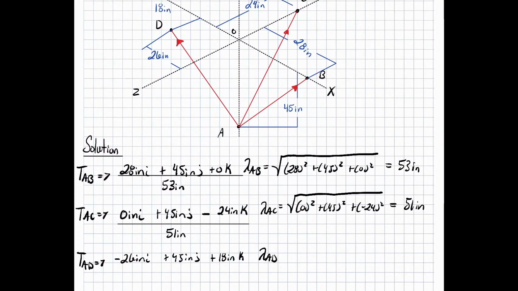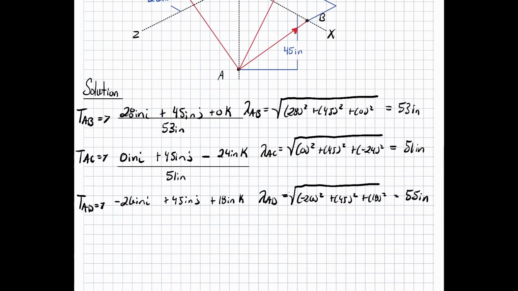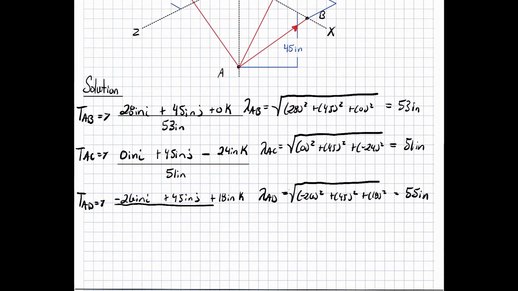Lambda AD is equal to the sum of squares of negative 26 squared plus 45 squared plus 18 squared. This comes out to 55 inches. So all of tension AD is going to be divided by 55 inches.